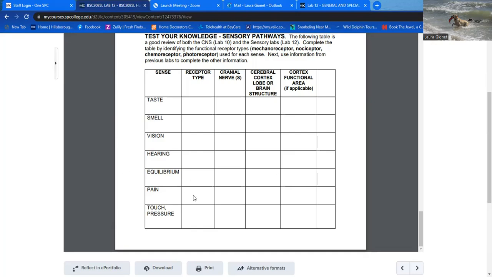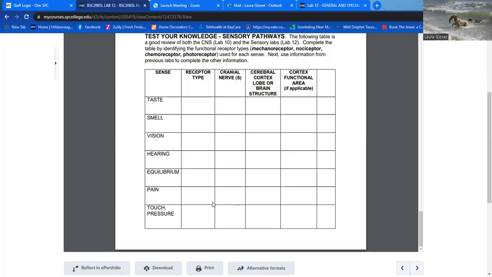Okay, pain. Receptor type is a nociceptor. Now, depending on where it's coming from, and again, I'm just going to give this to you, I'm not going to ask you the cranial nerve for this unless I say specifically the face. If it's from the face, that would be the trigeminal nerve.